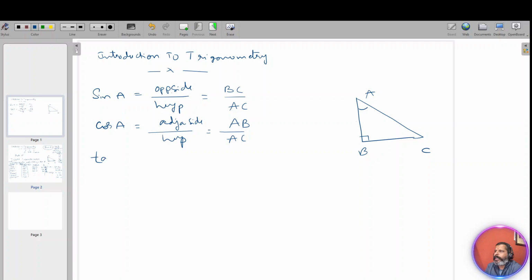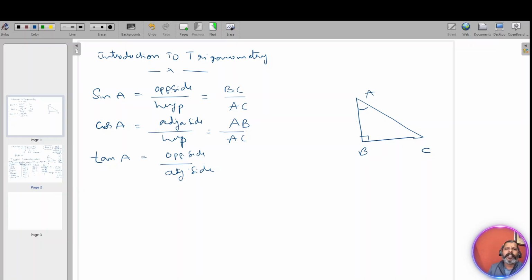Coming to tan A. What is tan A? Tan A is opposite side by adjacent side. Okay. Remember, these three are very much important because the other three are the reciprocals of these three. Understood?